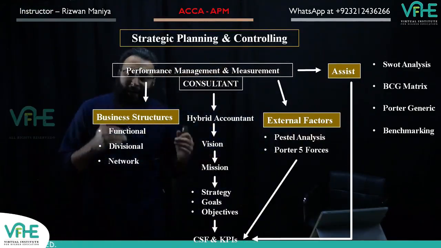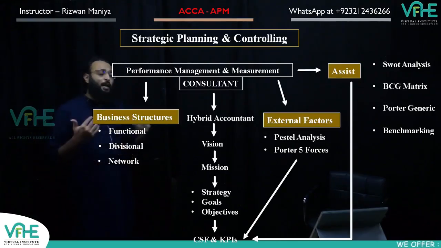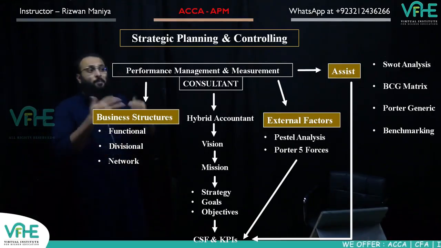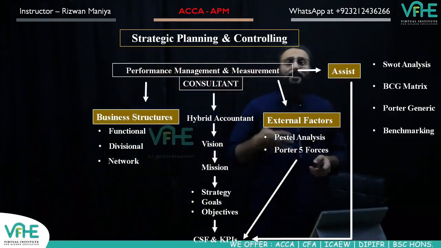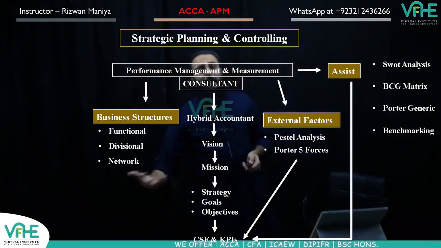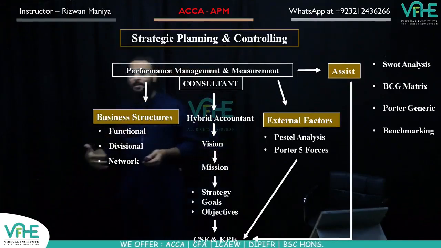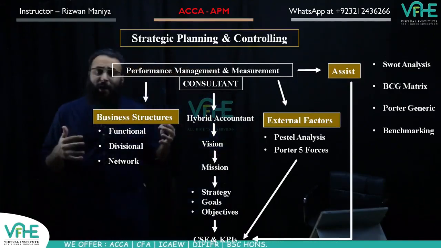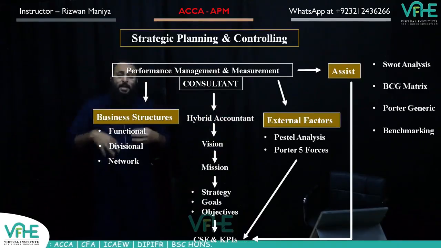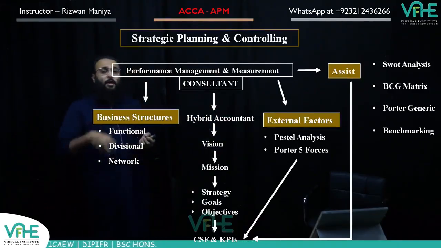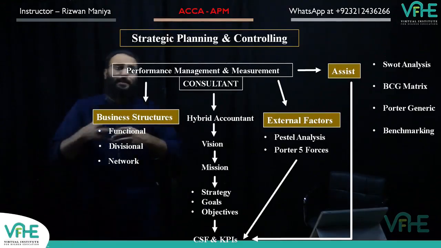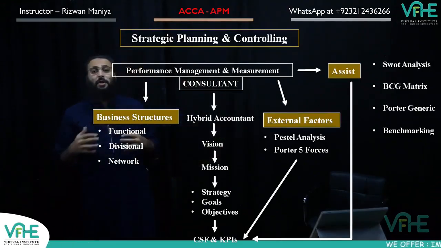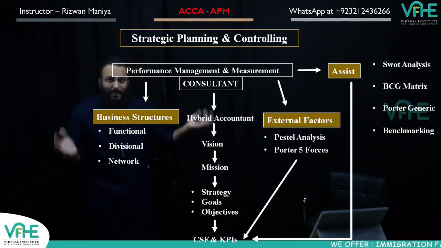Then comes network structure, that is if the organization is more like an invisible organization, which means where there is very less physical presence, where things are all remote based. There is a massive use of information technology, information system, and the organization is somewhere in clouds. The organization's real existence does not exist.